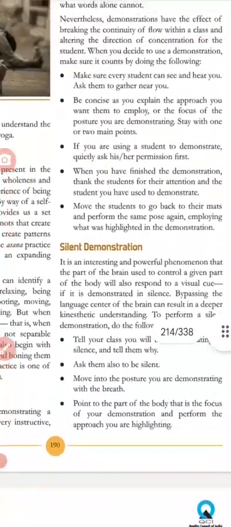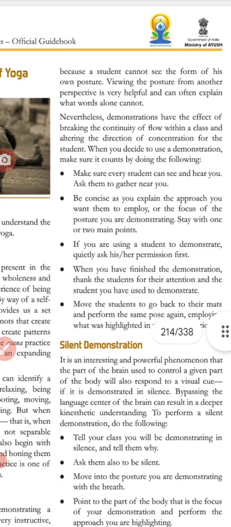This is why we have mirrors, so that we can see the form of our own posture, and viewing the posture from another perspective is also very helpful, and that can often explain what words alone cannot.